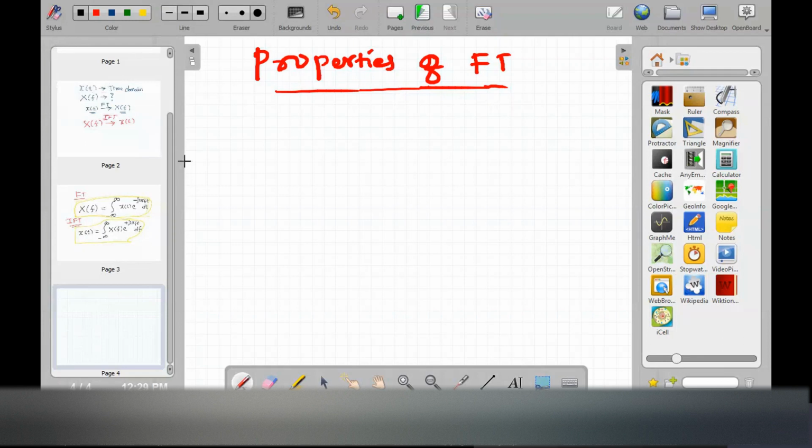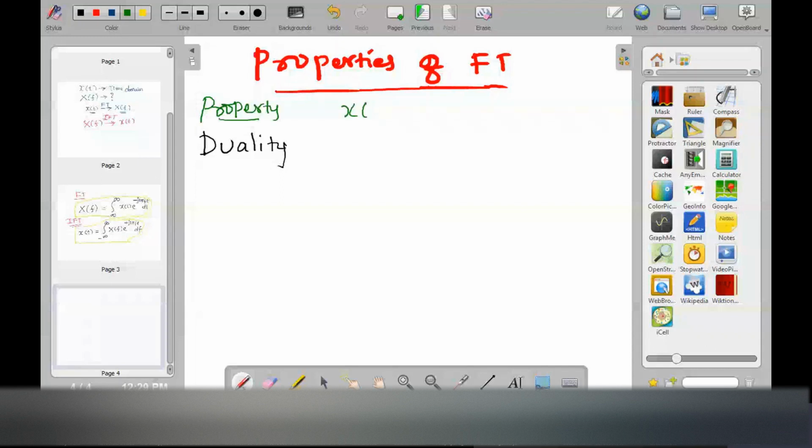What this duality property tells is, here I will write, this is nothing but a property, and here is x of t and here is x of f.